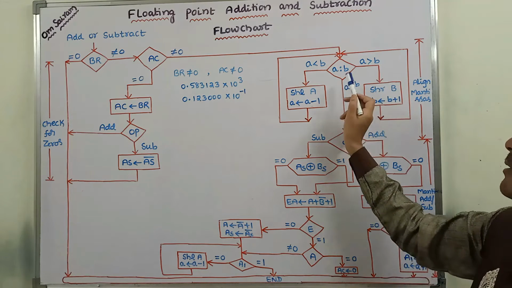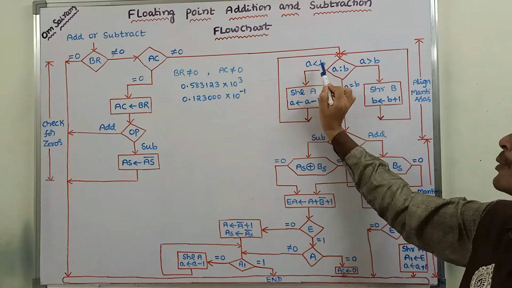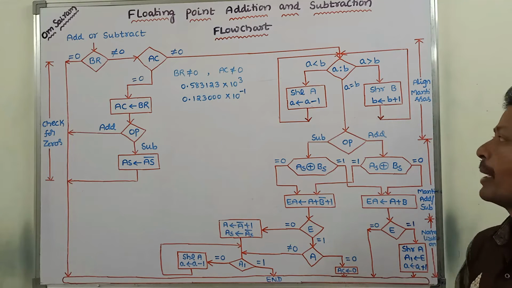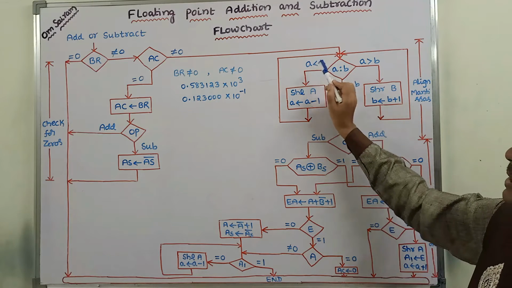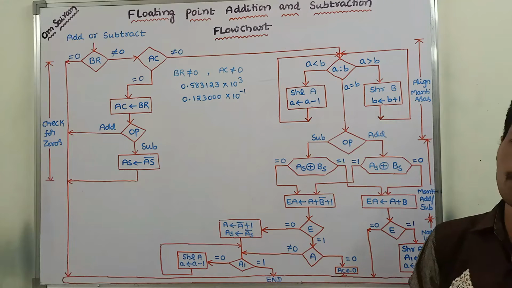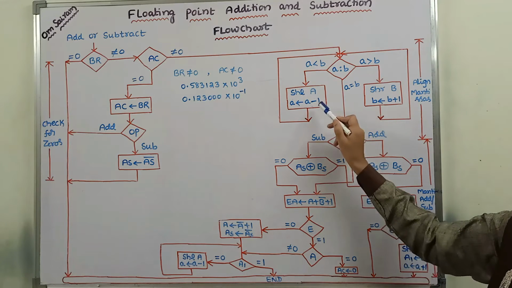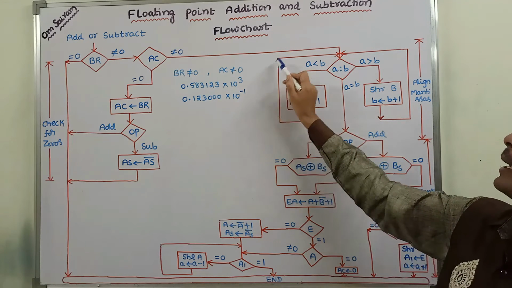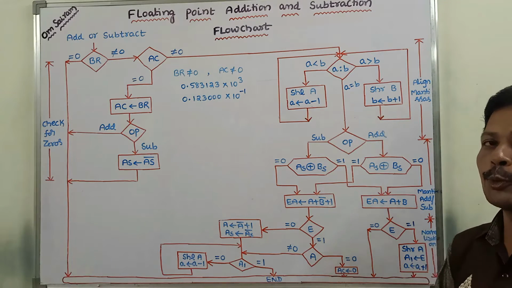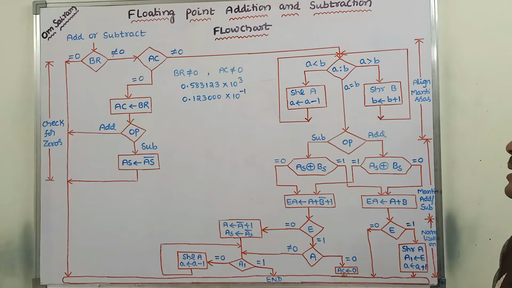If they are not equal, again we have to check this condition whether A is less than B. If this condition is true, again we are performing these two steps. After performing these two steps, again we are checking the exponents of two floating point numbers.